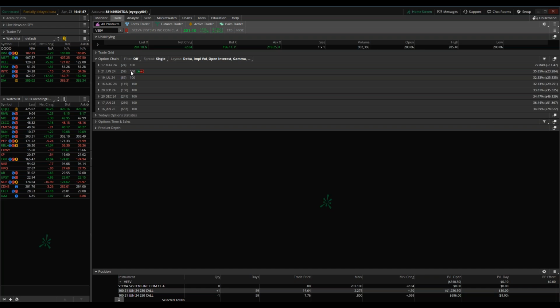So we're stuck right now because we're going to either have to take a spread that's 59 days out, which is a little bit longer than we would like, or 24 days out, which is a little bit shorter.